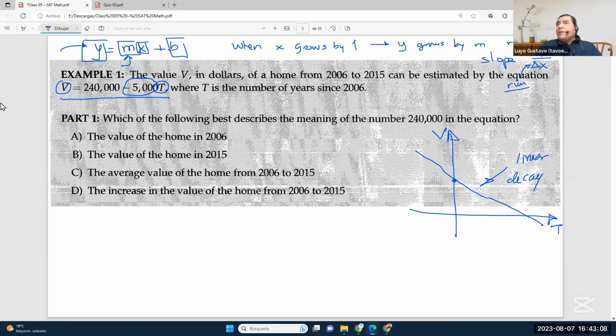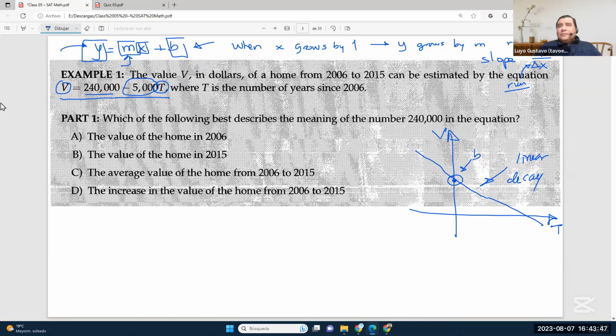That is to say, when x equals 0, that is the value of y initially. And it is this value here, okay? This is always b. So if we take a look at the equation, which of the following describes the meaning of the number 240,000 in the equation? The number 240,000, which would correspond to our b here, what would that represent in this linear relationship between value and time? You have 4 answer choices. What do you say?